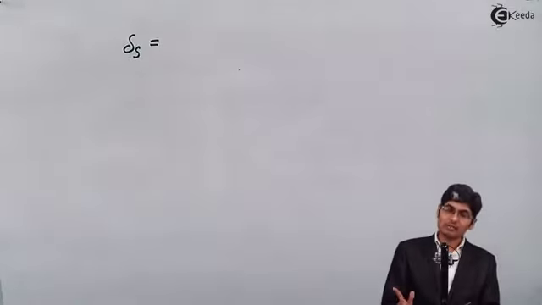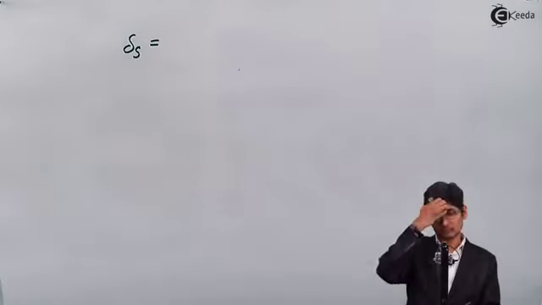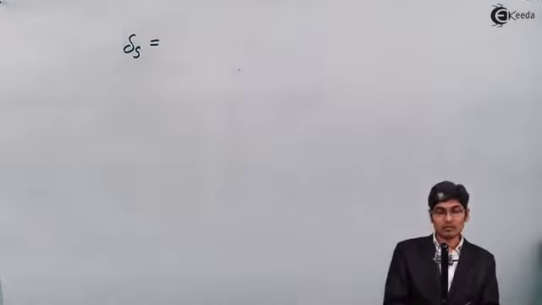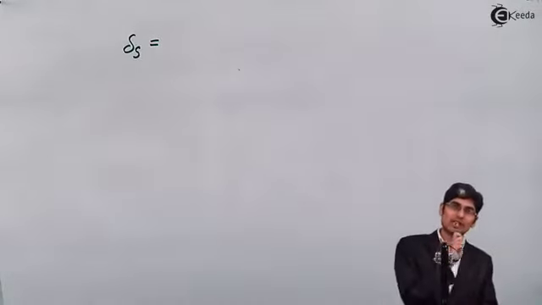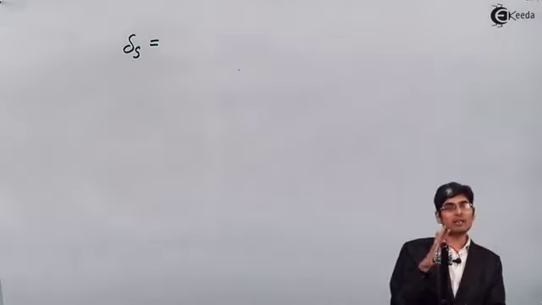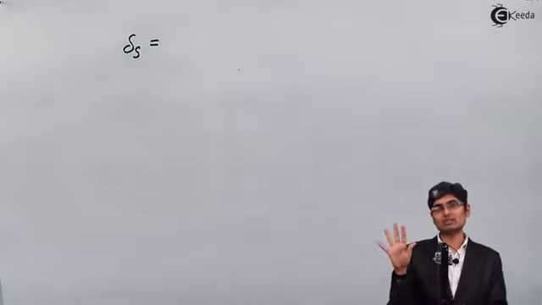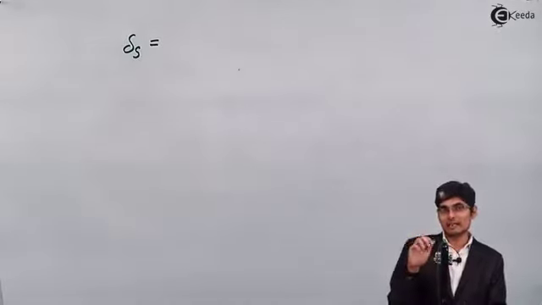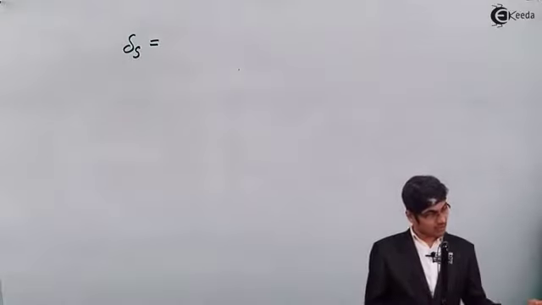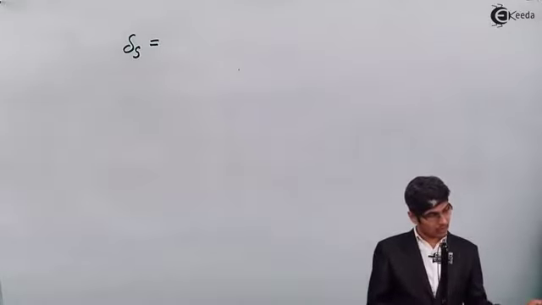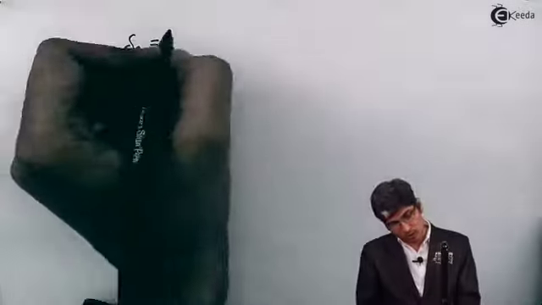So when I'm saying delta S, I don't actually need to divide it by 2 or 3 or any stage number. I will keep it as it is. When I'm saying delta P, I'm going to divide it, but when I'm saying delta S, because I'm not very much interested in the stopband region, I will neglect that part and keep delta S as it is in each stage. So delta S given in the problem is 0.0.